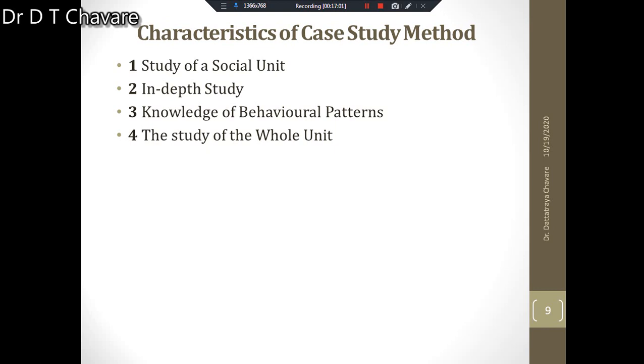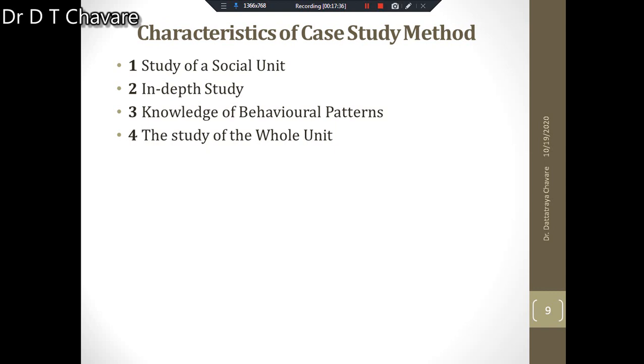This method deals with each and every aspect of the subject matter and studies it both intensively and extensively so that no aspect is left untouched. It means you will find each and every item considered about that particular case. What type of study do you have to make in a case study? A detailed study, an in-depth study. That is the second characteristic of the case study method.